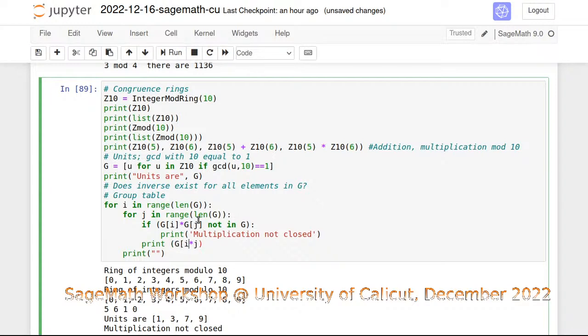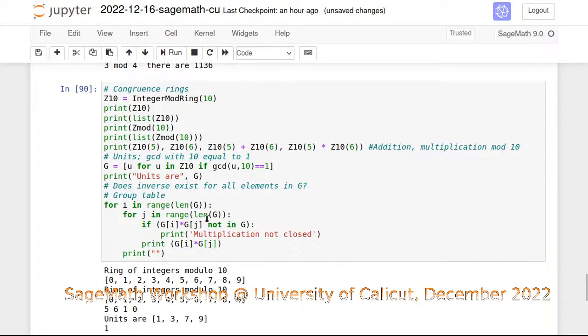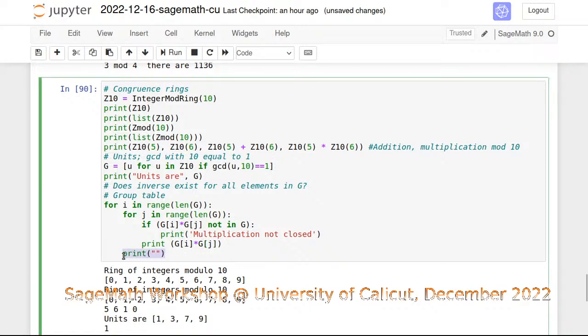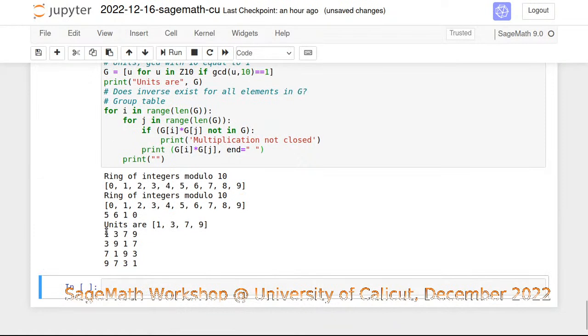So where am I printing this? For each i, I want to suppress this new line. So for end, otherwise the problem is that each and everything is going to a new line. So end I am giving to be just this. So this is the group table finally.